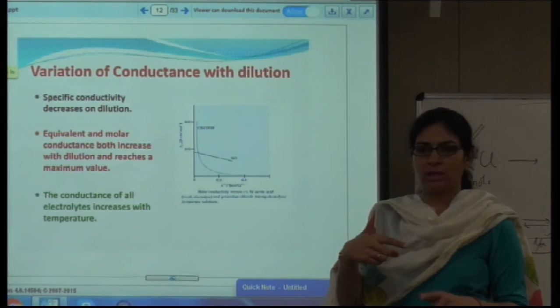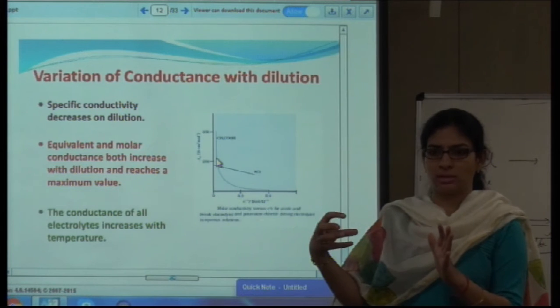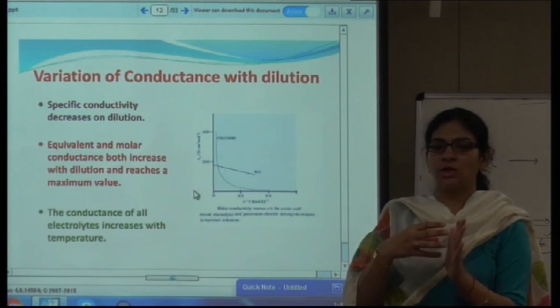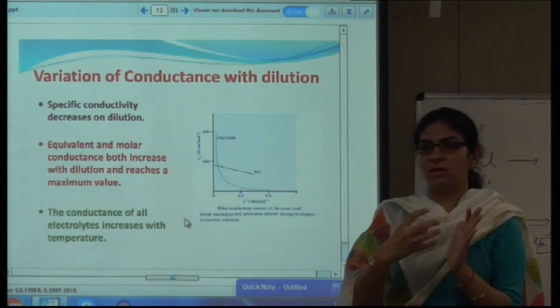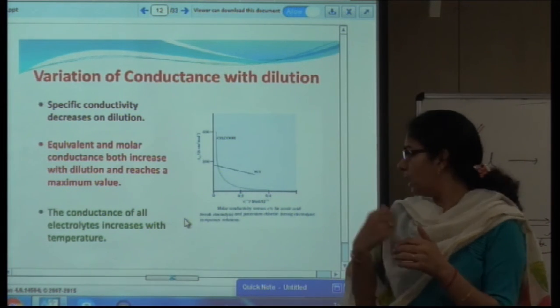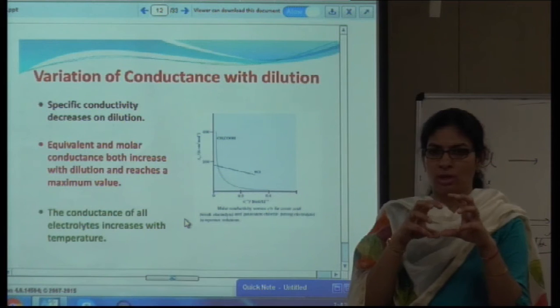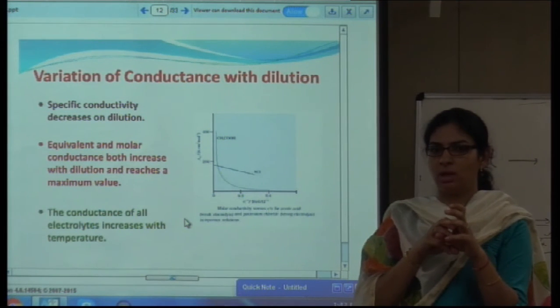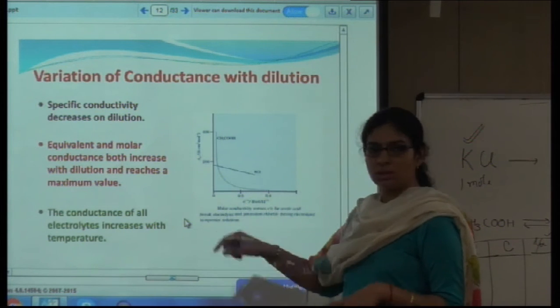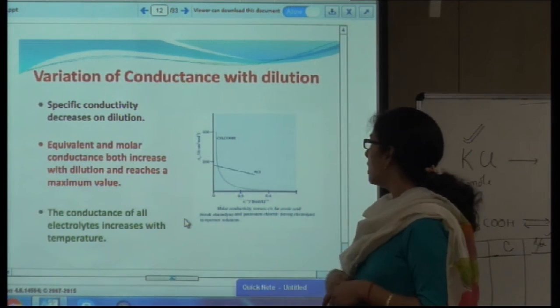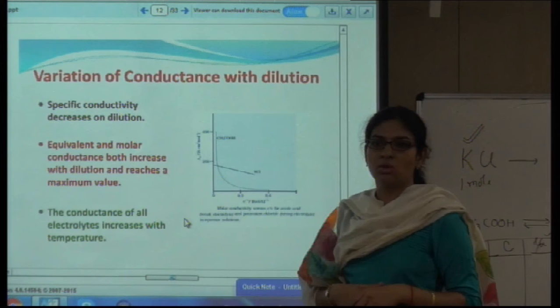That comes from the equation that is followed: the concentration dependence of molar conductance is given by Debye-Huckel theory. So you don't plot C, you plot root C, as you will observe in many books. And here you have molar conductance on the y-axis.